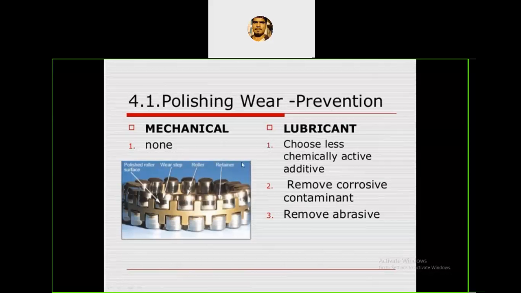Yes, you can see here. It's a type of bearing, and this bearing is operating under different conditions. So this is the shiny surface. This shiny surface is created by the polishing type of wear.